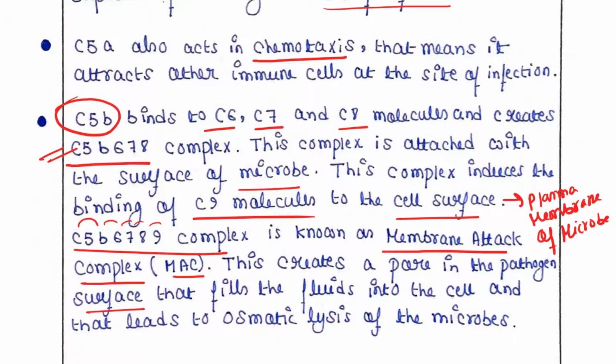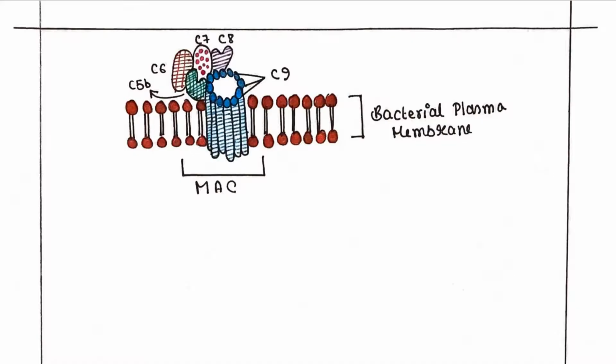So let's understand it from this picture. This is the bacterial plasma membrane, the bilayer of the bacterial plasma membrane. Here C5b is attached. With this, C6, C7, C8 are all attached, and they will bring a number of C9 molecules.